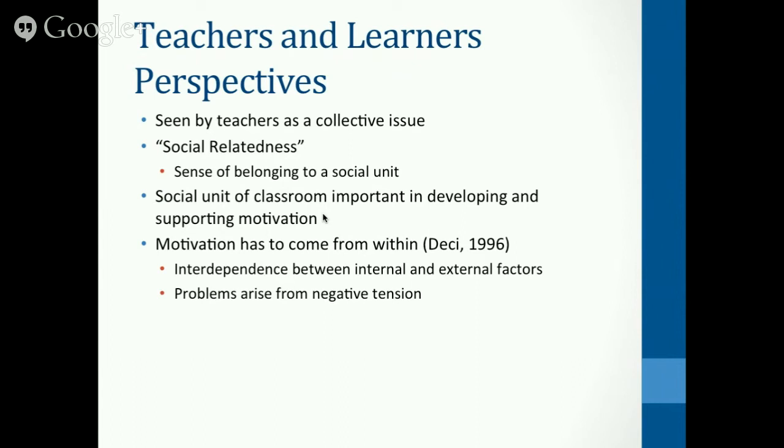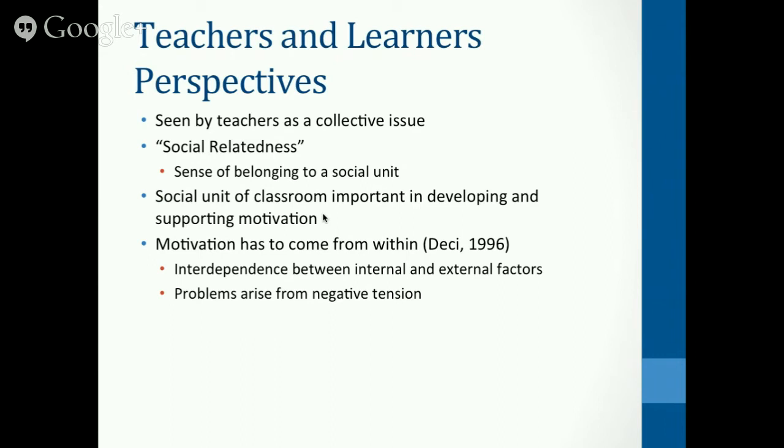This relates to the idea of social relatedness, a sense of belonging to a social unit. Students will often feel like if they're in a class, they belong to a social unit. So if some people are motivated, most if not all other people should also be motivated to learn.